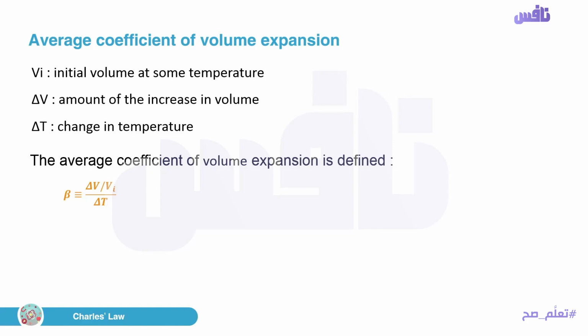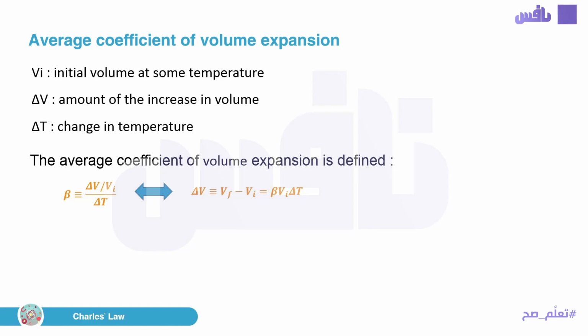Is anyone telling me this is the same rule as the linear one? Bravo. But now we are talking about volume, not linear. By the way, delta V equals V final minus V initial equals beta Vi delta T. As I said, my friends, use equation number 1 or equation number 2 as you like.